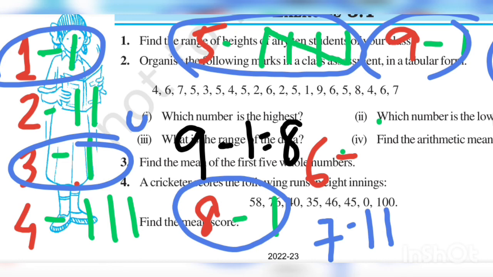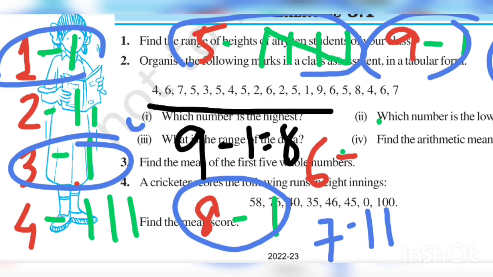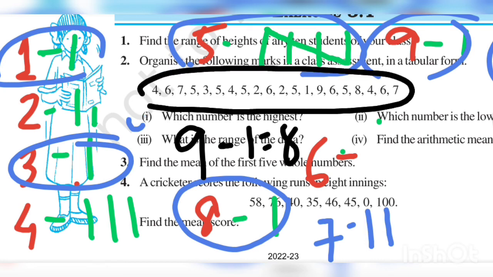If we add all these numbers, we will get 4 plus 6 plus 7 plus 5 plus 4 plus 5 plus 2 plus 6 plus 2, and so on. Whatever sum we get will be divided by the number of occurrences of these numbers. So let's do it.